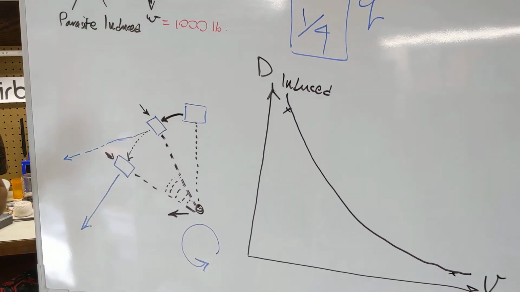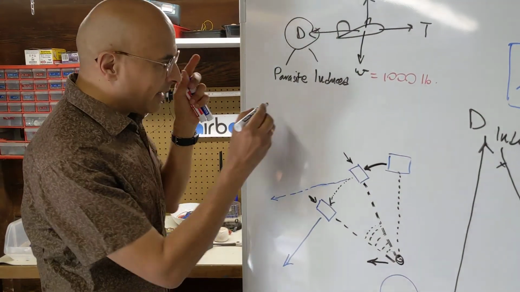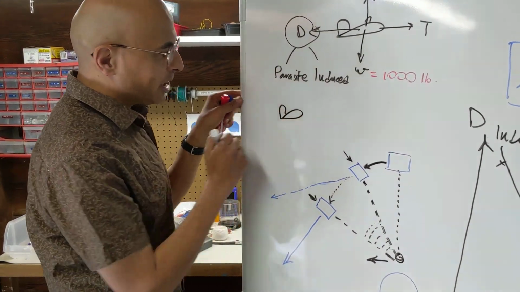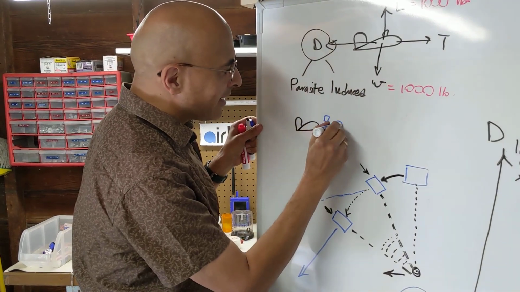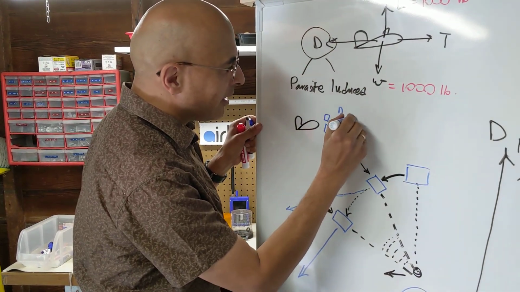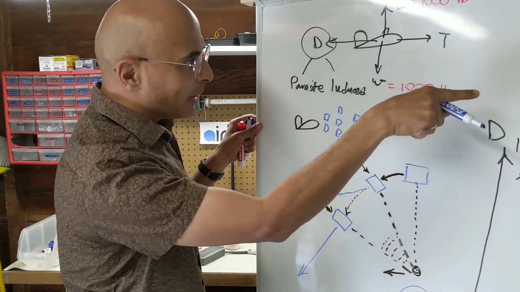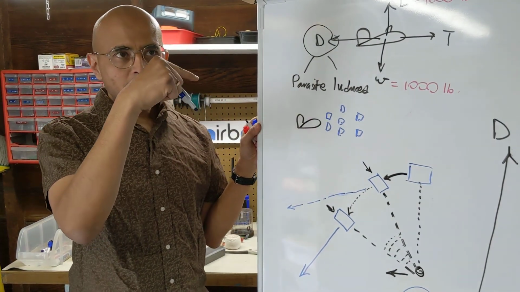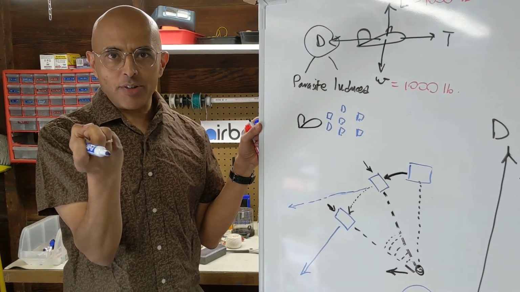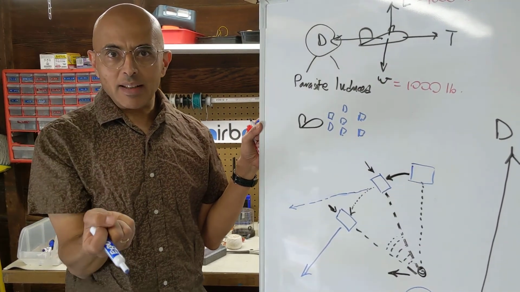Now let's think about the so-called parasite drag. I have this airplane-shaped object here, and remember, we have parcels of air that this thing is colliding with. Remember the previous thing we said, that when we go half as fast, we're encountering half as many parcels, each traveling at half the speed.